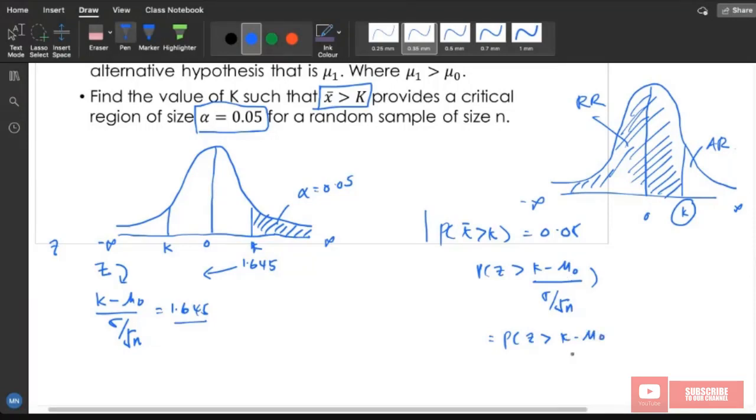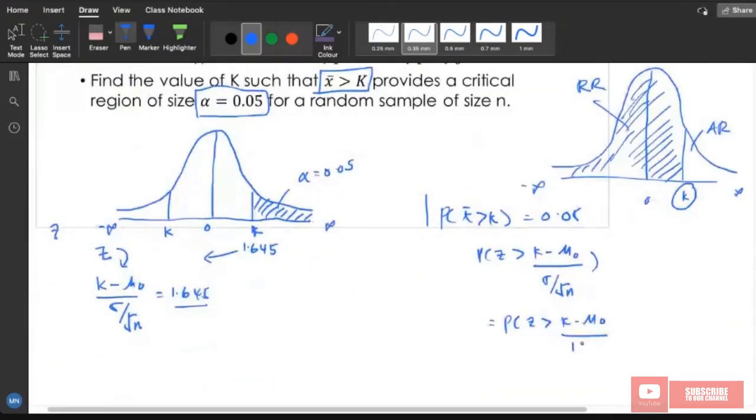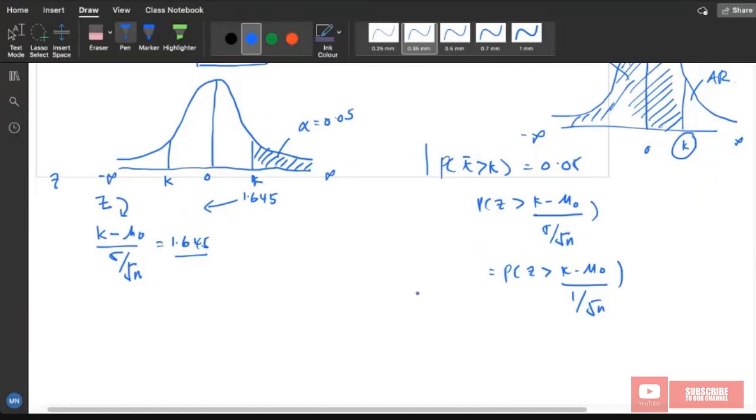We don't know the value of mu naught, and sigma is equal to 1, so this is 1 divided by square root of n. From the table, 0.05 leads us to 1.645.